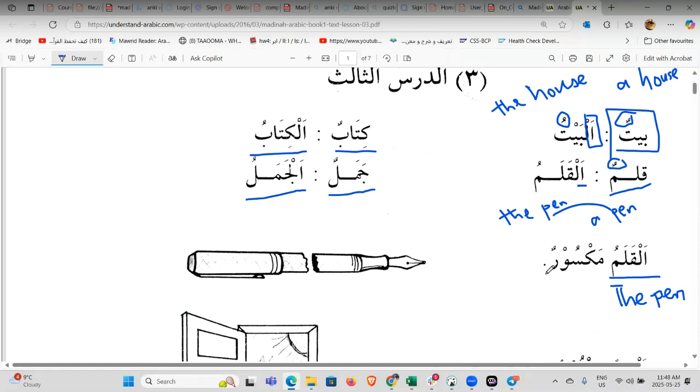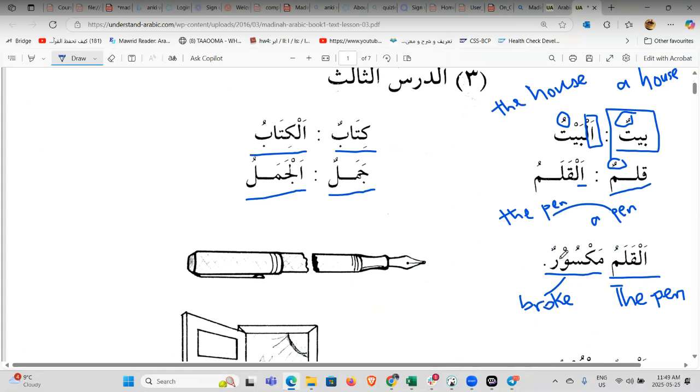and maksurun, this means broken. But in Arabic together, it's a sentence. The pen is broken.